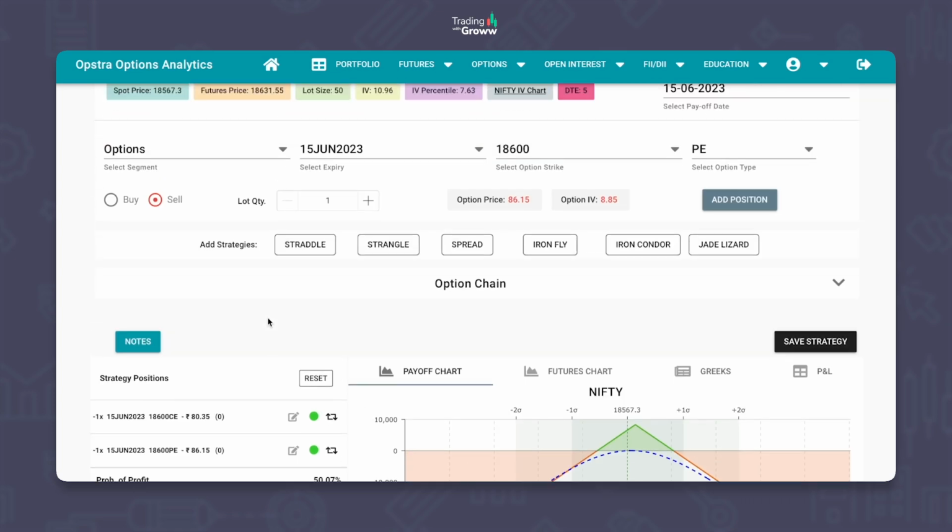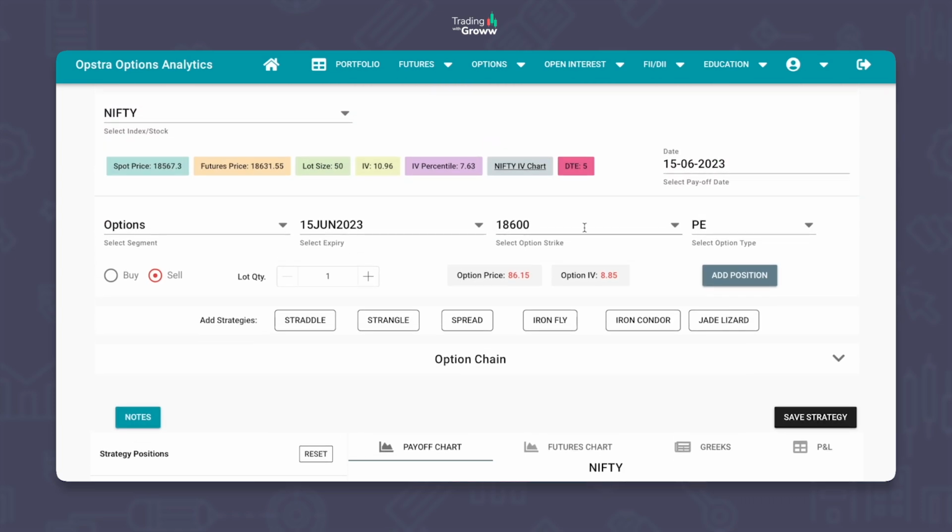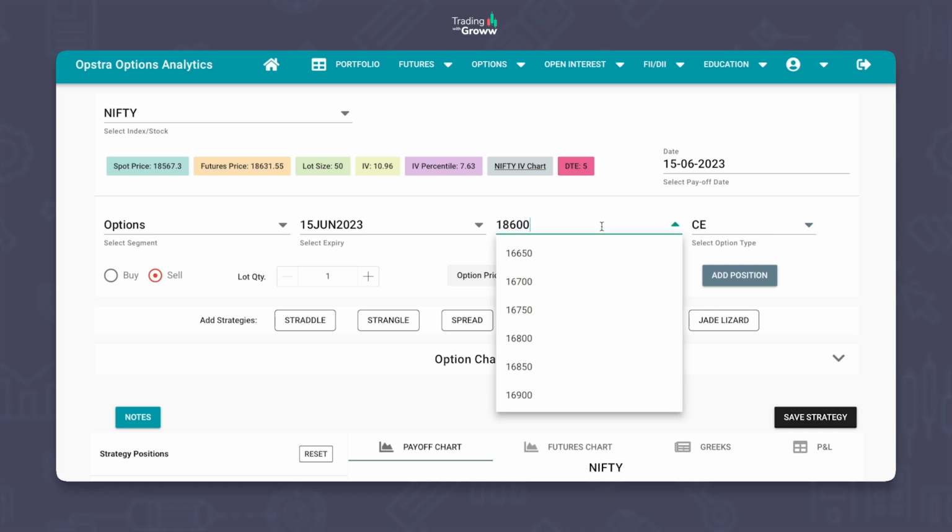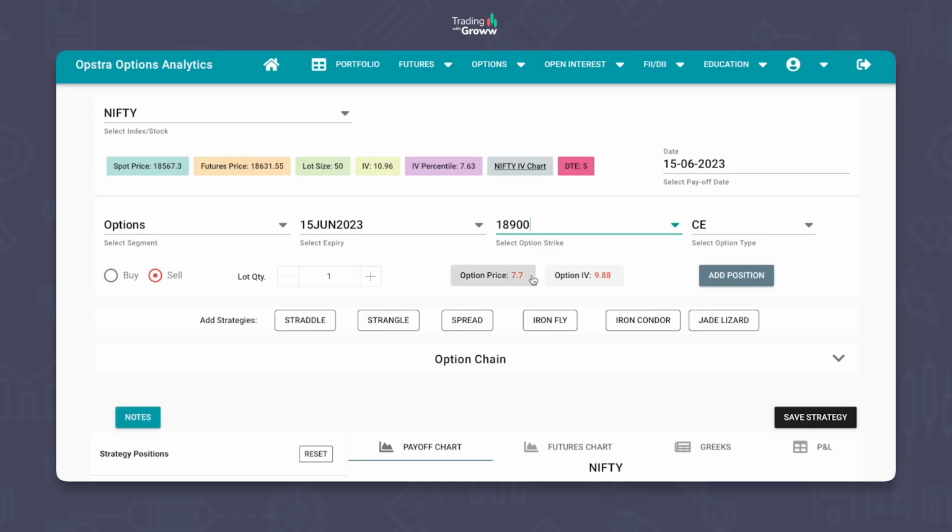So what I can do is, instead of the 18,600 call and 18,600 put, I can buy 200 or 300 points away OTM. Suppose I'm buying the 18,900 call. The 18,900 call is trading around 7 rupees. So I'm just adding the 18,900 call, and instead of the 18,600 put, I am adding the 18,300 put.